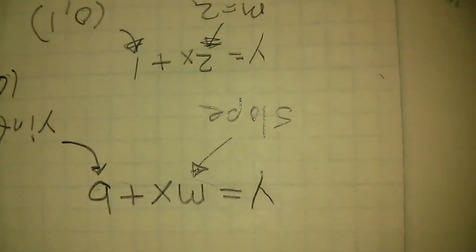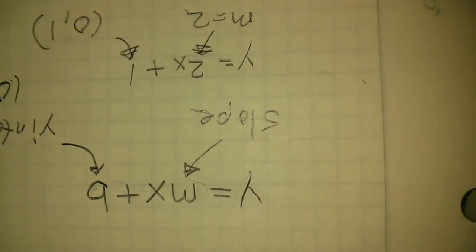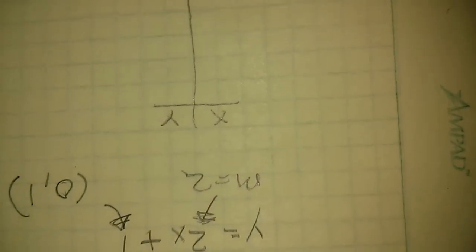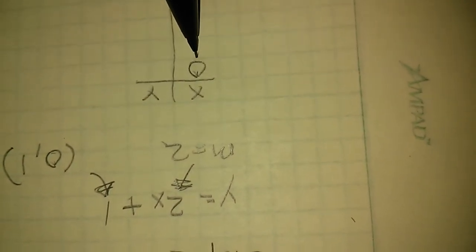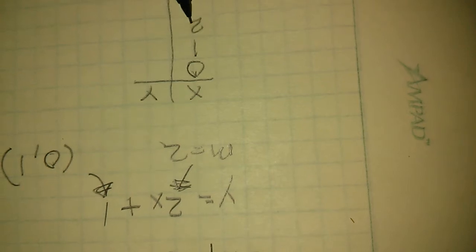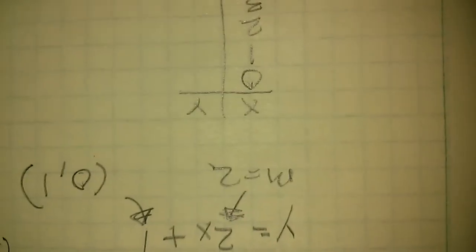Okay, let's build a little table. Say we're going to graph this thing. Let's choose some x values. Let's say x is a 0, x is a 1, x is a 2, x is a 3. Let's figure out what y is.